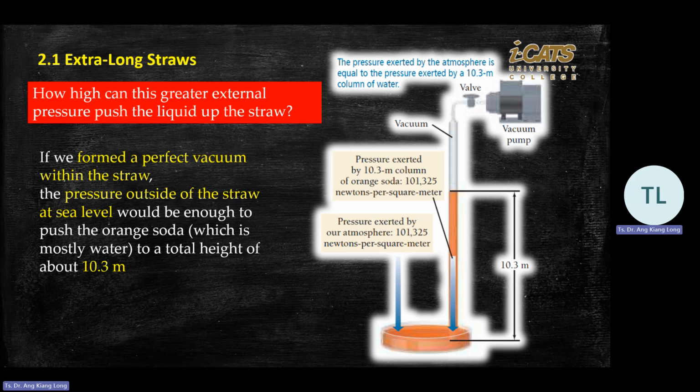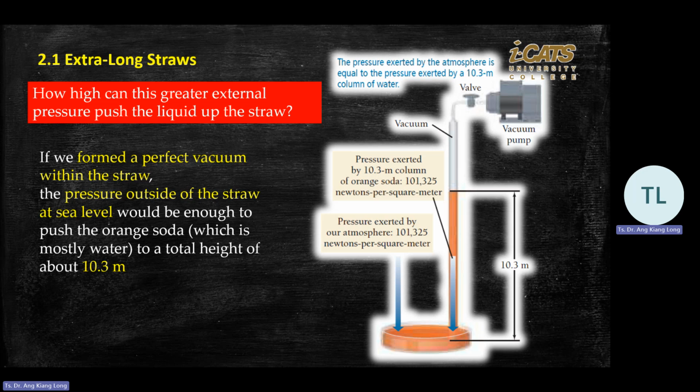If you generate some vacuum in the straw or in the tube, and you suck the air, it becomes vacuum at 0 pressure, not negative, 0 kilopascal or 0 Newton per meter square, the height of the water will go up 10.3 meters. Right?